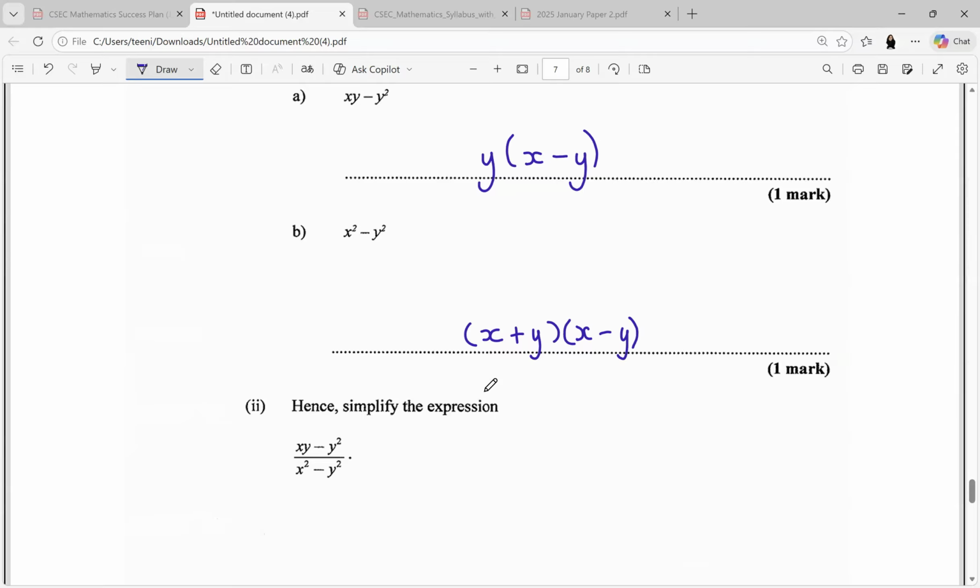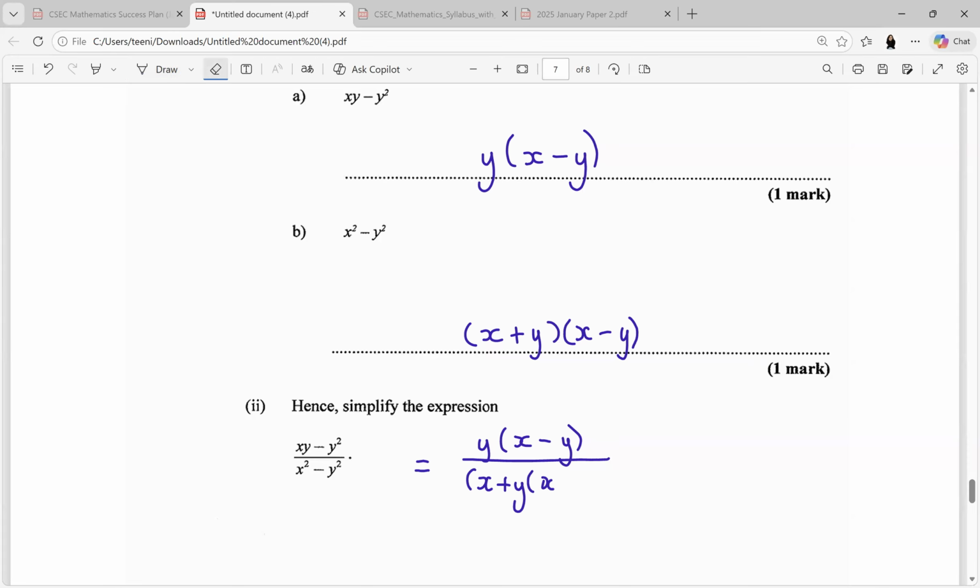So here, xy minus y squared, we're going to use the factors of that, which is y by x minus y. And then we're going to use the factors of x squared minus y squared, which is x plus y by x minus y.